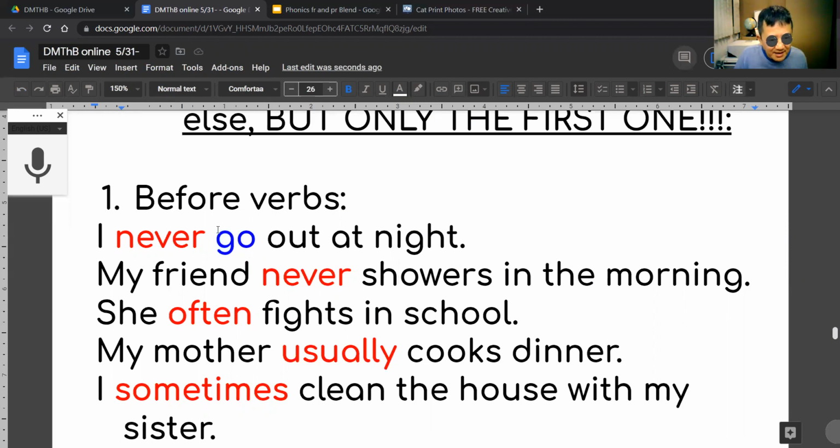Notice, this is the common verb. And look at the adverb of frequency. Where is never? It is before. It is on the left side of go, right? It is before the verb go. So I never go. Not I go never. You don't put it on this side.